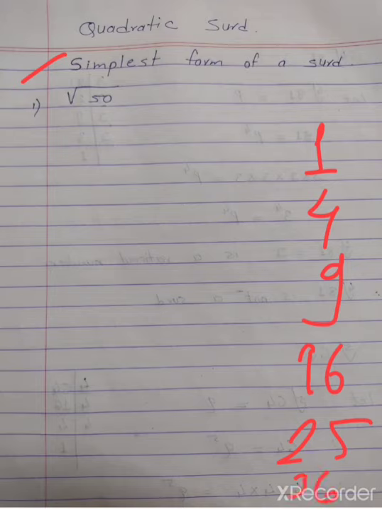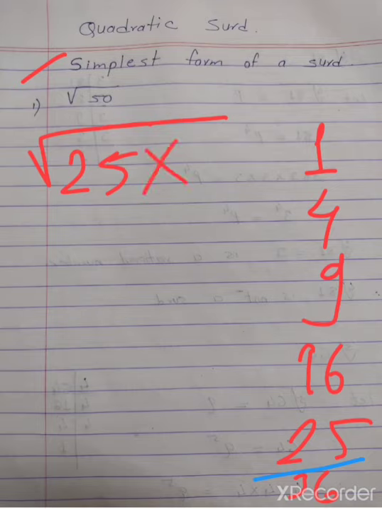Here first factorize this 50 in the form of these square numbers. Out of these square numbers we can use 25. So here I am factorizing. Here I am using the first square number 25. 25 into which number will you get 50? The answer is 2. So 25 twos are 50.